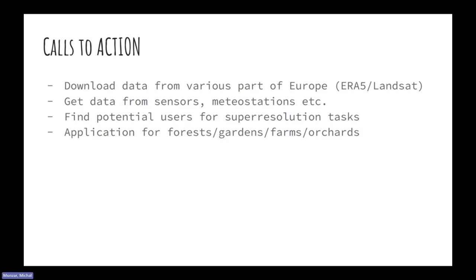He could buy half of the meteo stations. We could give him 10 times better resolution with, let's say, a potential error of about half a degree, right? So it can be very, very good. Applications can be for forests, gardens, orchards, farms, and whatnot.